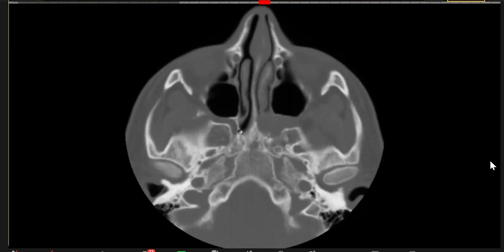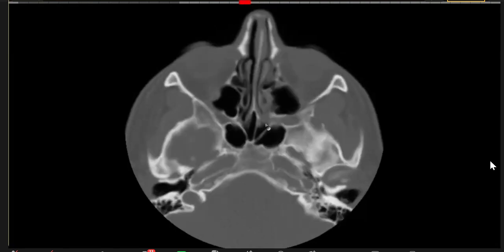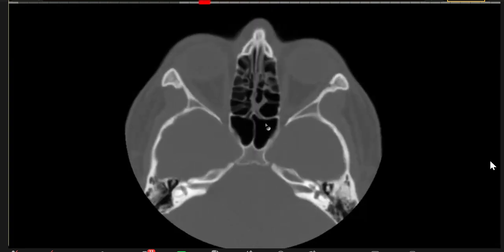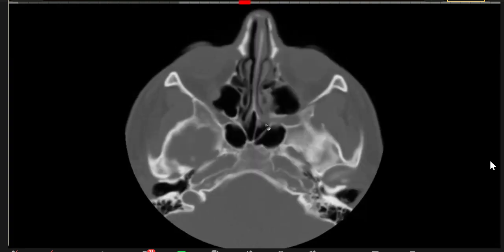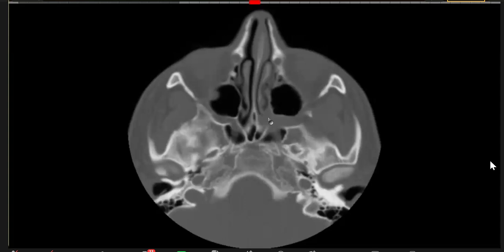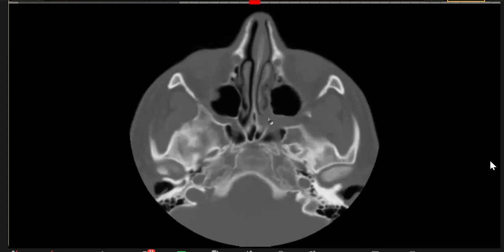Sir, this one is the normal side and this is the normal side. Is it? Yes, sir. So I think so. This is the pterygopalatine fossa. The mass is extending through the pterygomaxillary fissure and infratemporal fossa, it is also extending into the nasal cavity. Can you show me the foramen rotundum on the abnormal side? Yes, sir. Where is it?